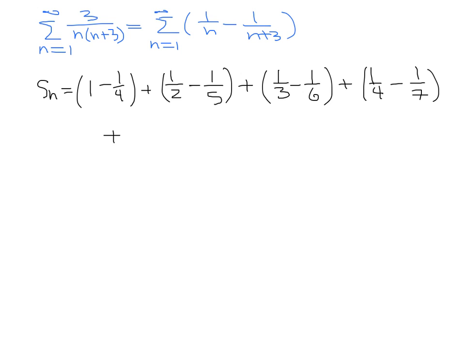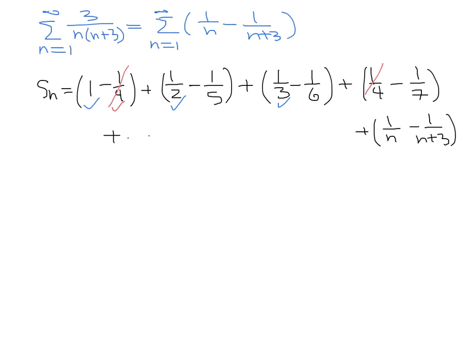And it's a lot more than we've listed out in the past, but the reason I do that is terms don't cancel immediately. You see that this quarter is canceling with that 1/4. And eventually the 1/5 will cancel, the 1/6 will cancel, but the 1 stays, the half stays, and the third stays. So we have 3 terms that stay in the beginning. That means that 3 terms are going to stay on the end also. So the very last term will be 1 over n minus 1 over n plus 3.